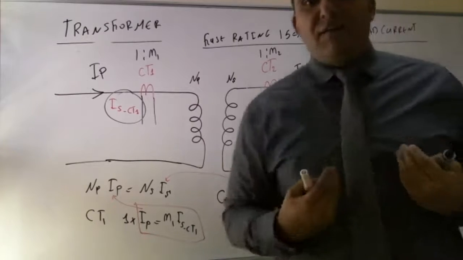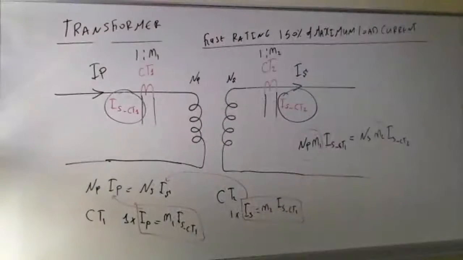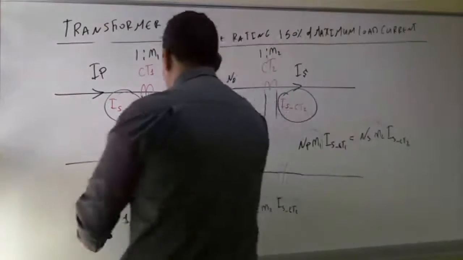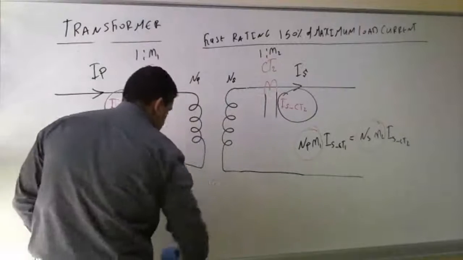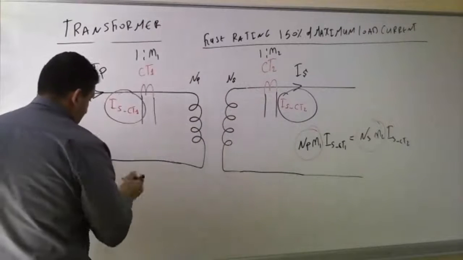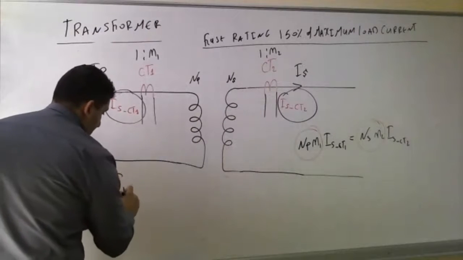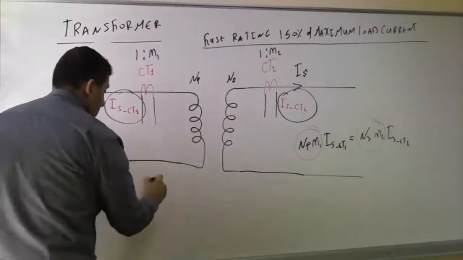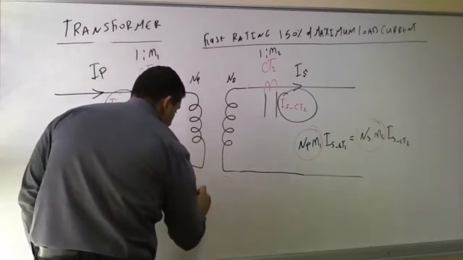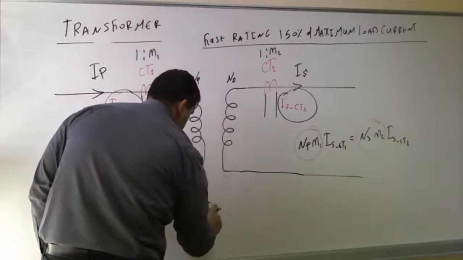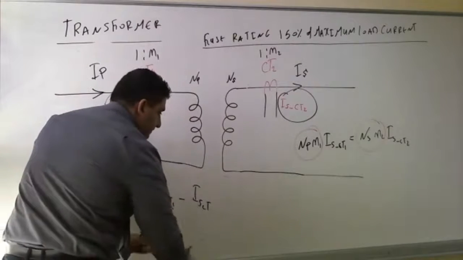Now, the differential current, I want to call it ID, which is equal to I secondary of CT1 minus I secondary of CT2.